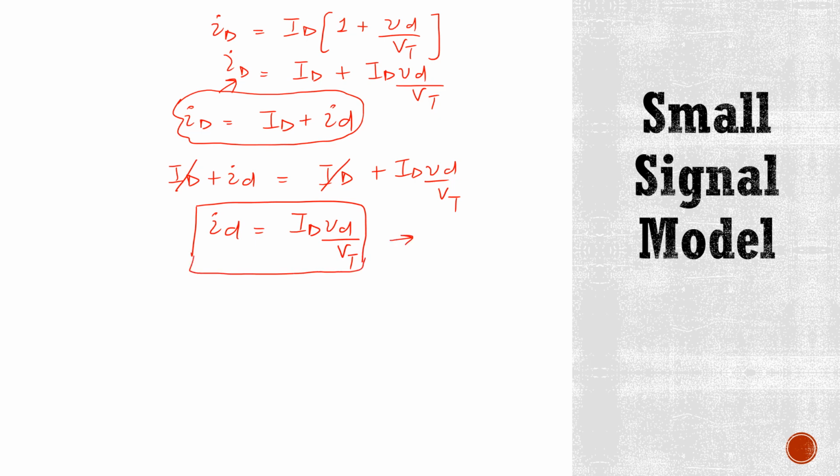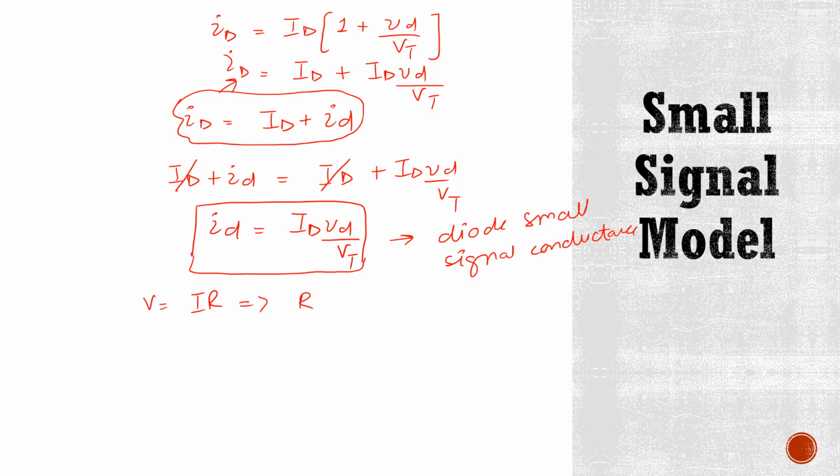Now what is this equation called? It is called diode small signal conductance. Now from Ohm's law, we know that V is equal to IR.